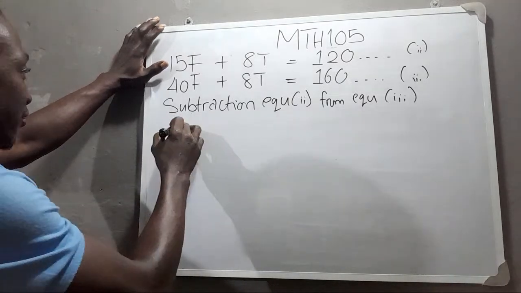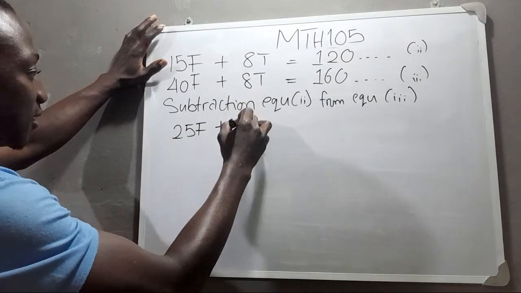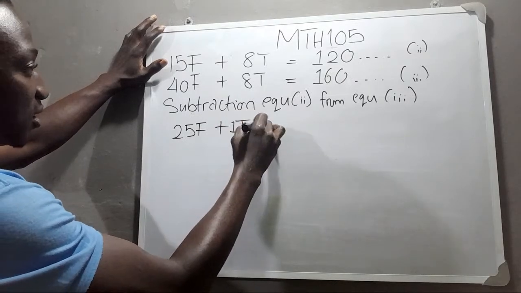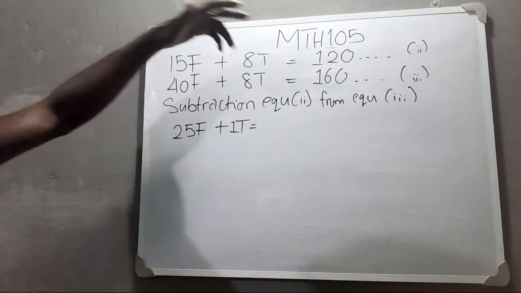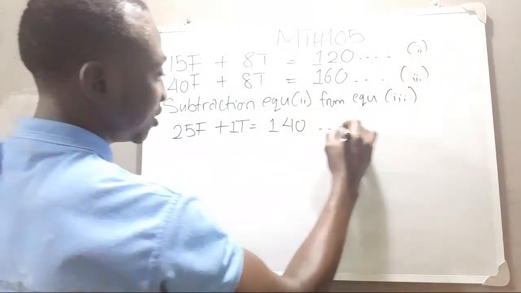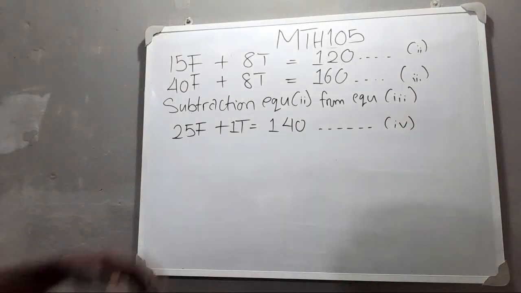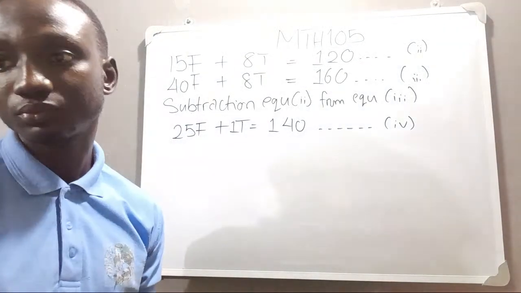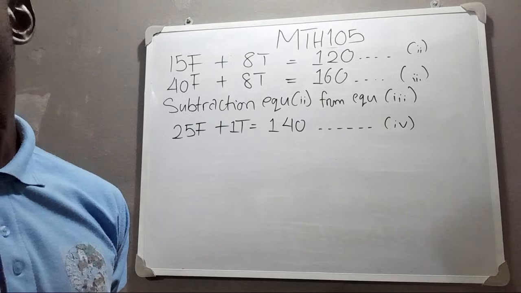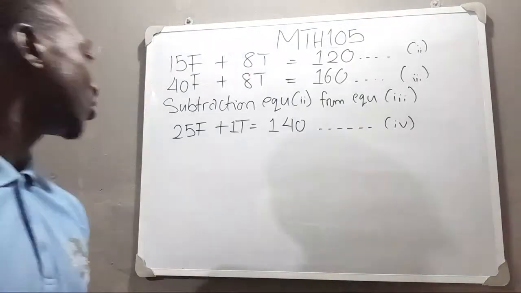That should be 25f plus we have t, which is 1t, equals 140. This is equation 4. I believe you understand up to this level.